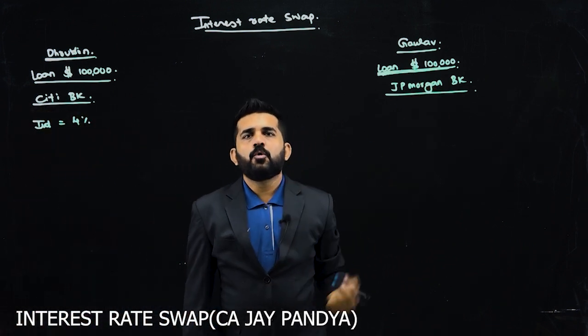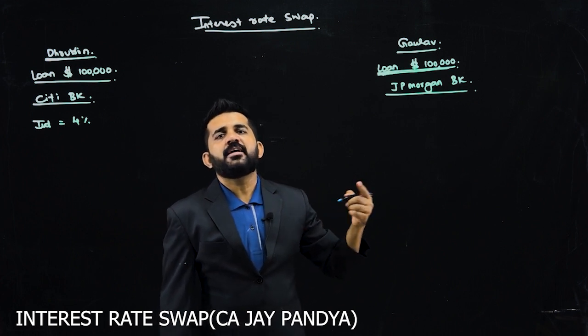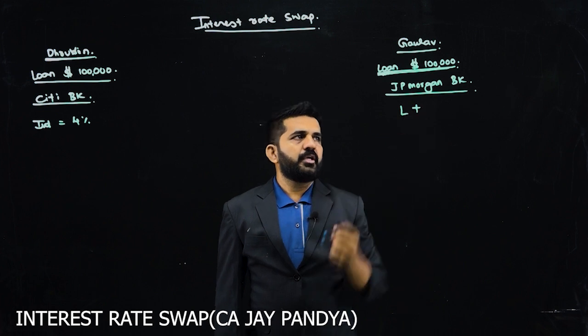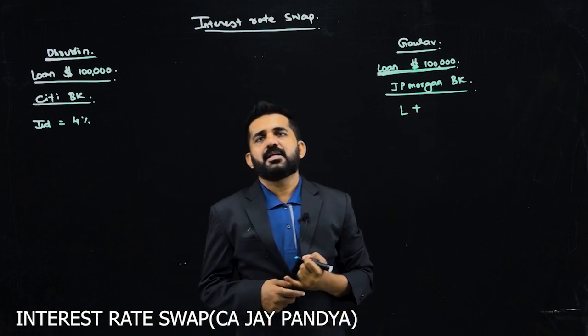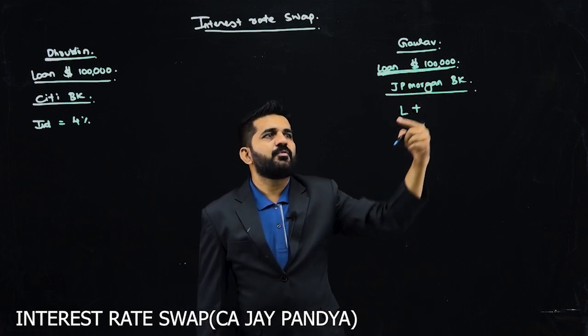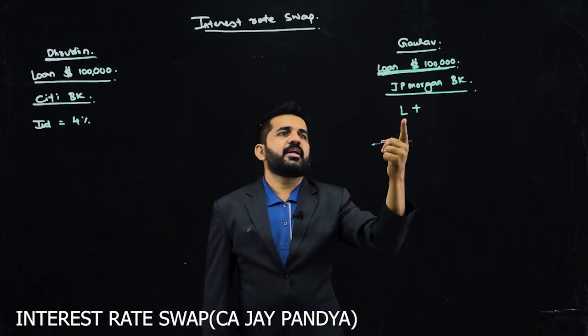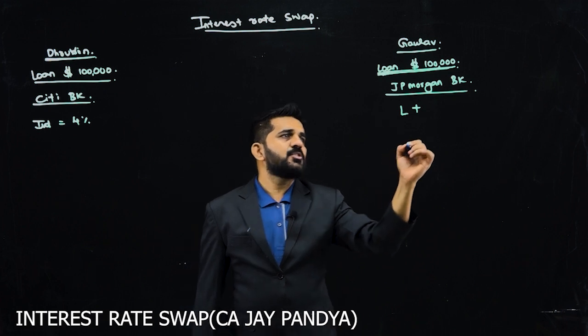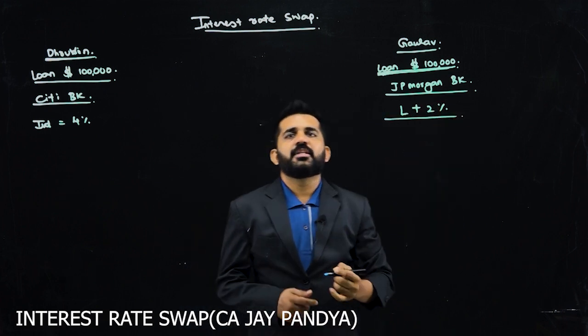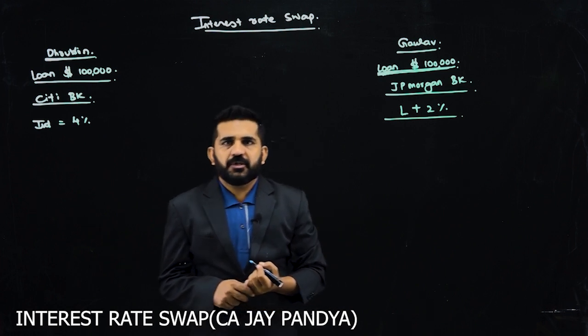Gaurav has borrowed a loan at a floating rate of interest. Say he has borrowed a loan at LIBOR. LIBOR is a London Interbank Offering Rate. So his rate will be always dependent upon the rate of LIBOR. He has borrowed a loan at LIBOR plus 200 basis point, that is nothing but 2%.